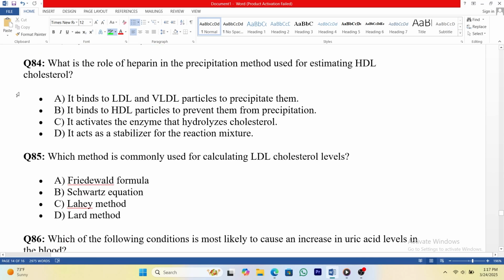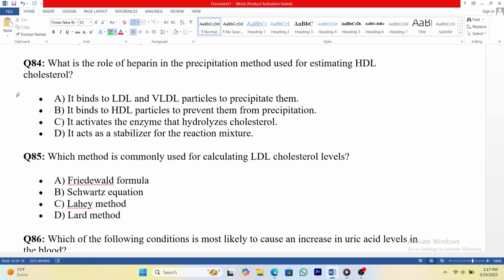What is the role of heparin in the precipitation method used for estimating HDL cholesterol? A. It binds to LDL and VLDL particles to precipitate them. B. It binds to HDL particles to prevent them from precipitation. C. It activates the enzyme that hydrolyzes cholesterol. D. It acts as a stabilizer for the reaction mixture.